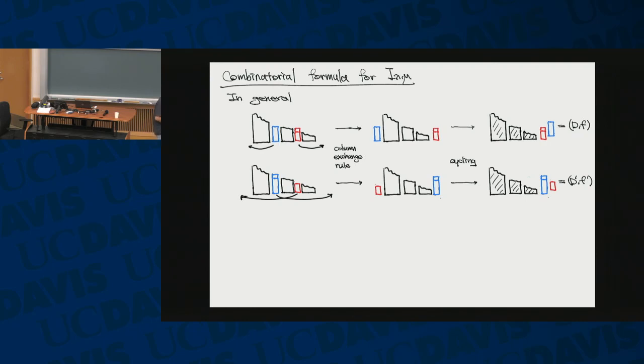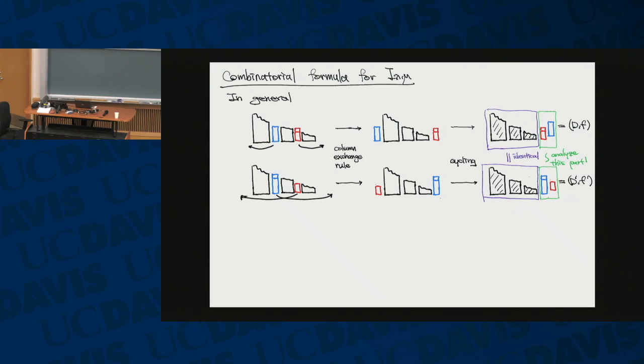And what we can prove is that these shaded parts are identical, not just as a diagram, they are identical as a filled diagram. So there should be a filling function here, so these are identical. So in a sense, to obtain a combinatorial formula for the Macdonald intersection polynomial, since these parts are identical, all we have to analyze is these two columns.